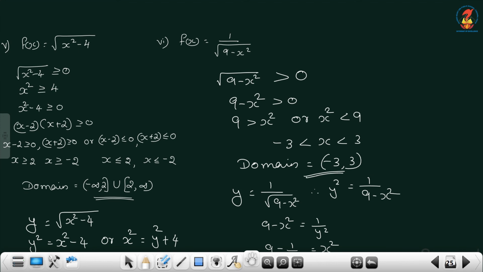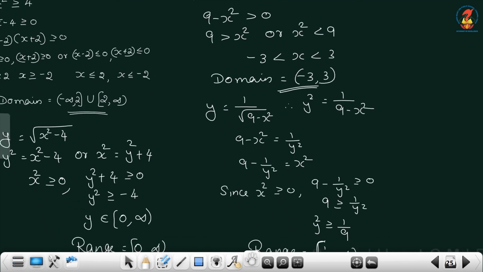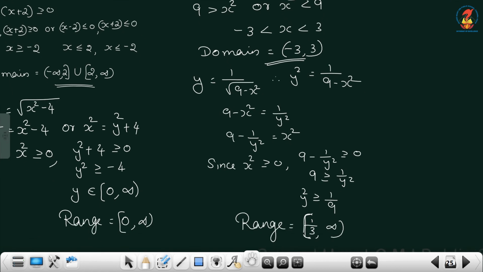Then for finding the range, put y equal to f of x. Then squaring, take x square to the left hand side. You have to express what is x square. x square is always greater than or equal to 0. 9 minus 1 by y square greater than or equal to 0, or 9 is greater than or equal to 1 by y square, or cross y square here, 9 here.